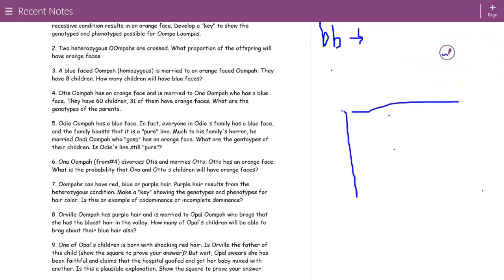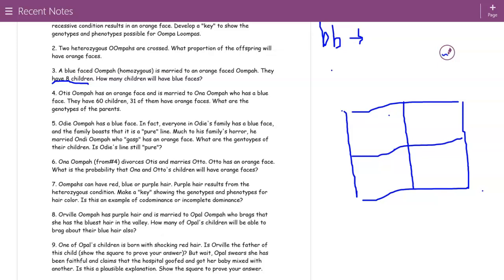We can't really guess how many would have orange or blue faces out of 8 children. We just know by doing the Punnett squares that every time a sperm and egg meet, this is the possibility of offspring that we would have. So this is kind of like a trick question. Okay, that part that says they have 8 children, don't let that throw you off.